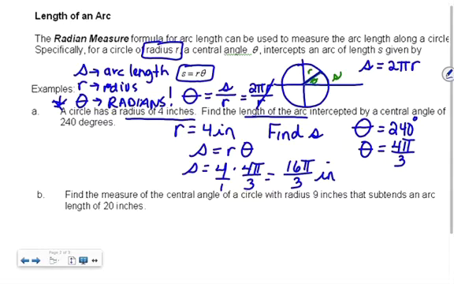That answer would be 16.76. So you'd have to do 16 times the pi button divided by 3. Just in case I got it wrong on the calculator, just leave it like that.